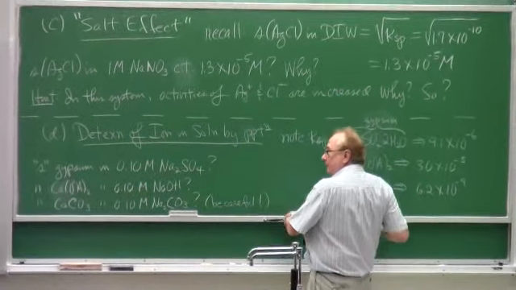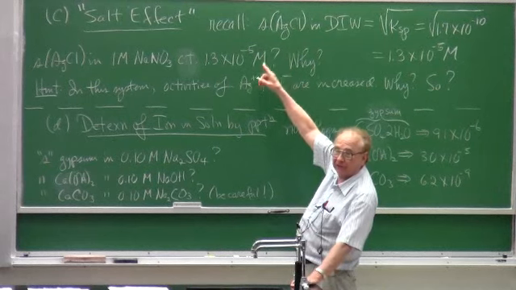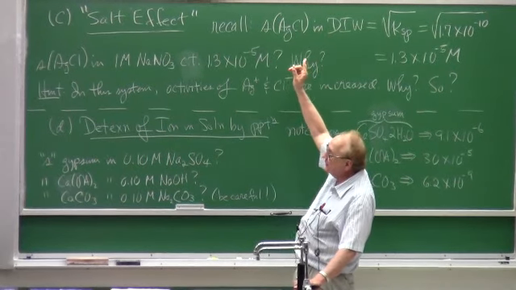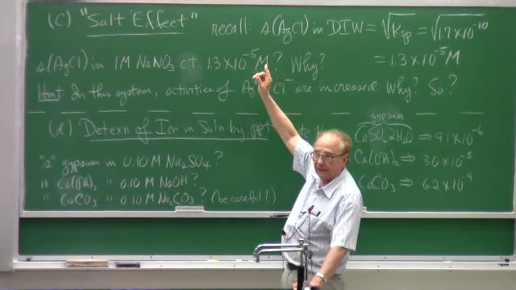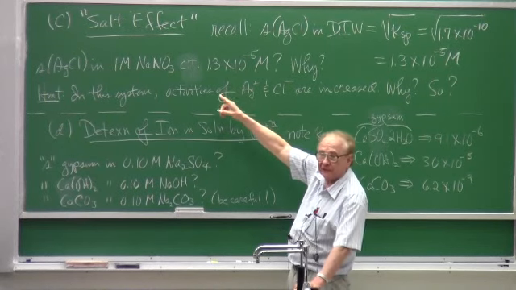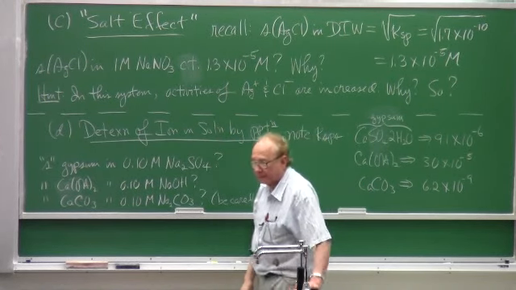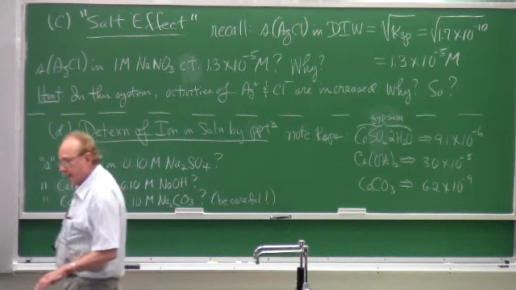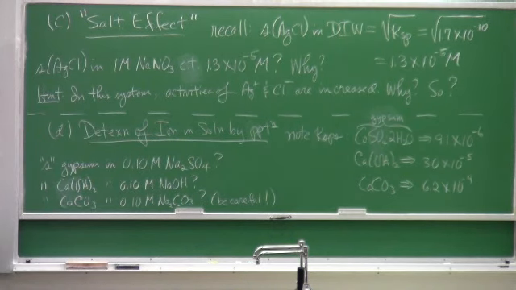Let's take silver chloride, the very same stuff where hydrolysis, acid-base chemistry means nothing, and dissolve it in 1 molar sodium nitrate solution to get at the salt effect. Question number 1.